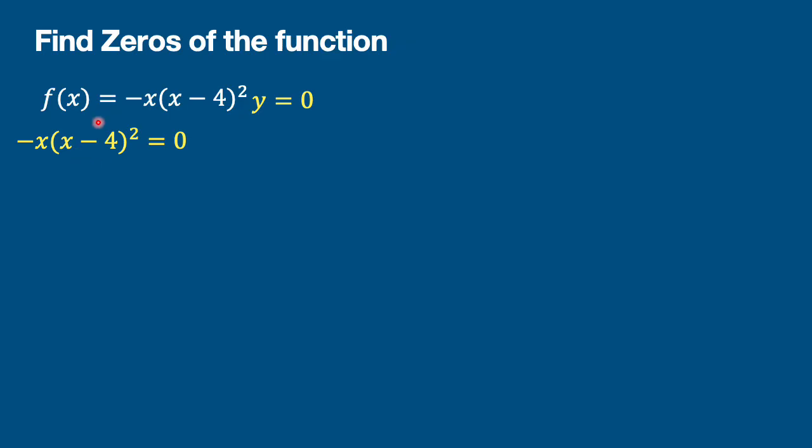Negative x times (x minus 4) squared equals 0. So I multiply both sides by negative 1. You have x times (x minus 4) squared equals 0. (x minus 4) squared means x, (x minus 4), (x minus 4) equals 0. So each one is a factor.